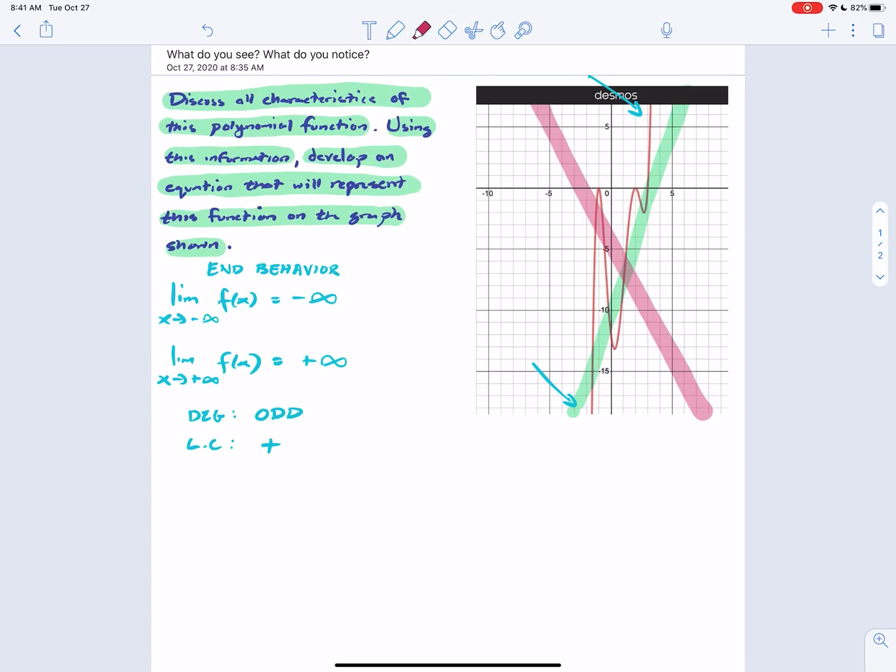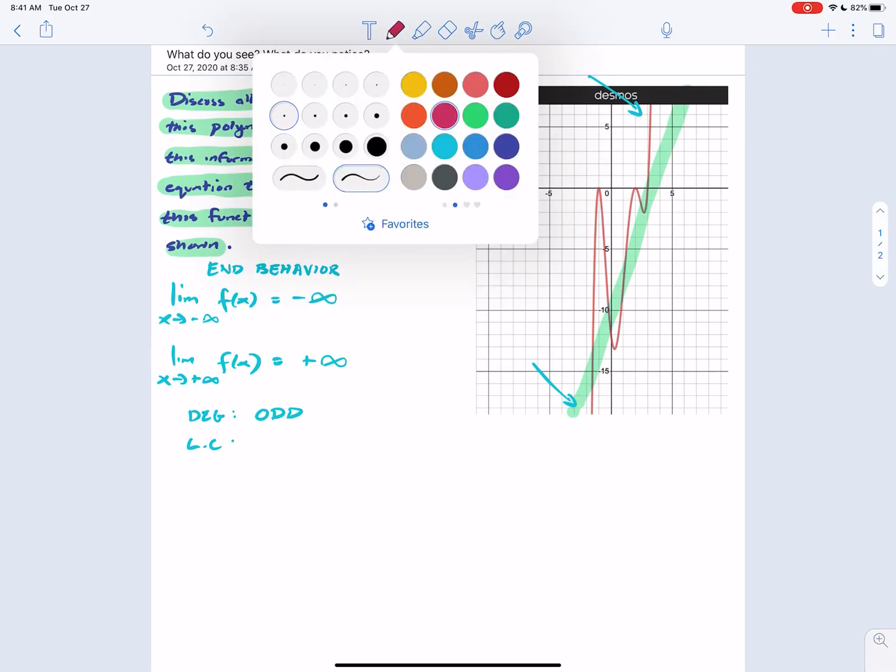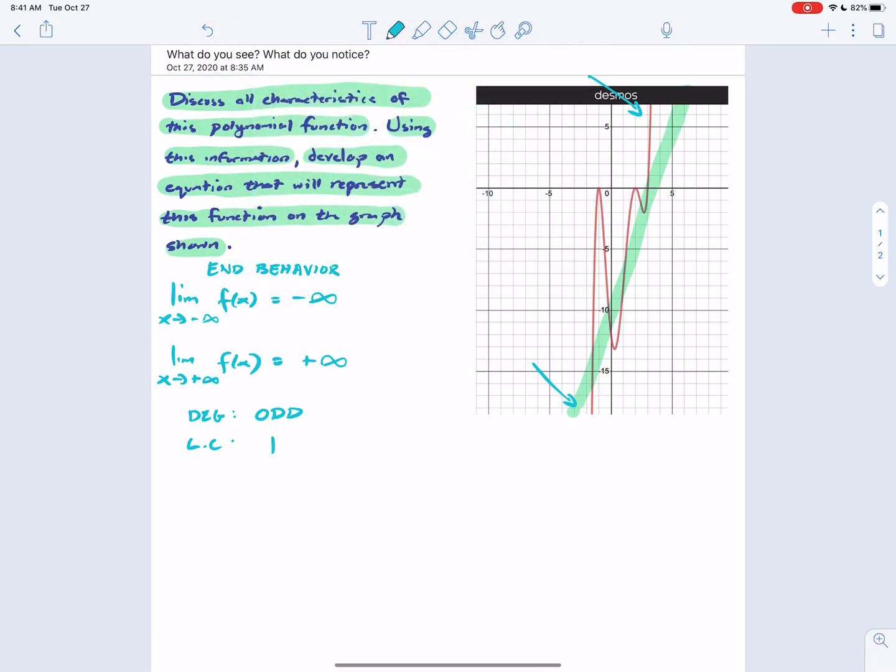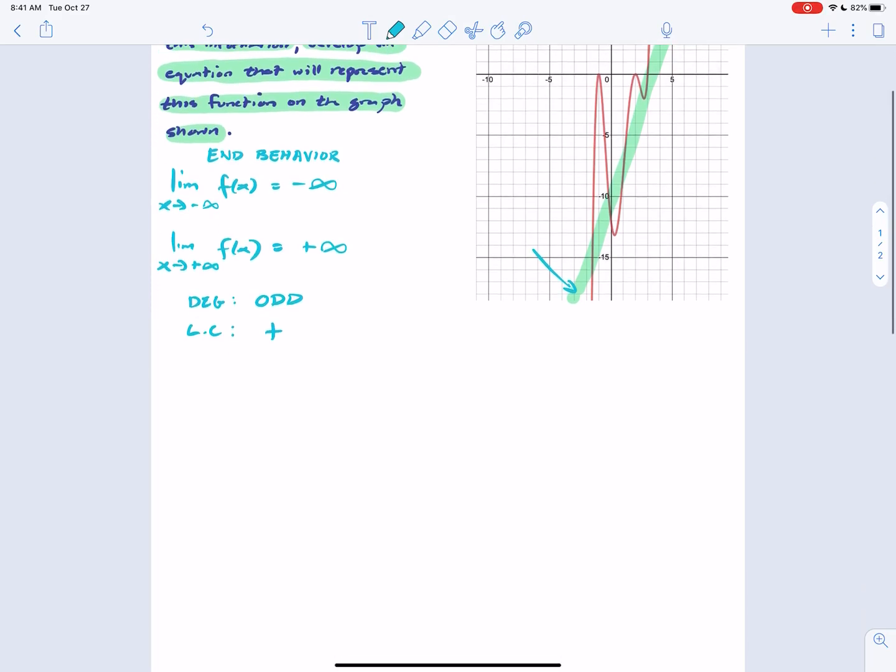I know the degree is not even because they start and end in different places. The two limits are different, so I know the degree has to be odd. If the two limits were the same, the degree would have to be even. And this is where you would definitely want to review older videos. So we know that that's going to be true.